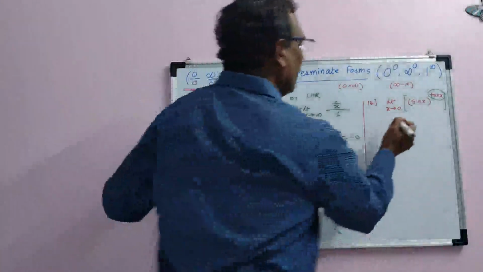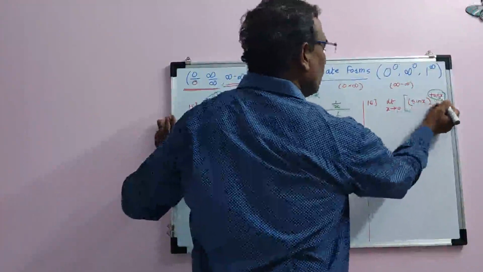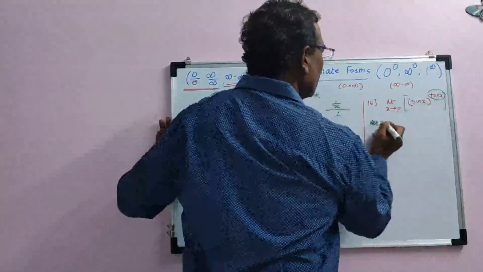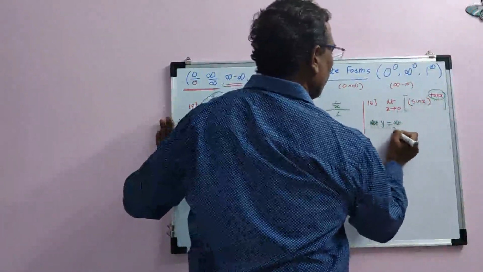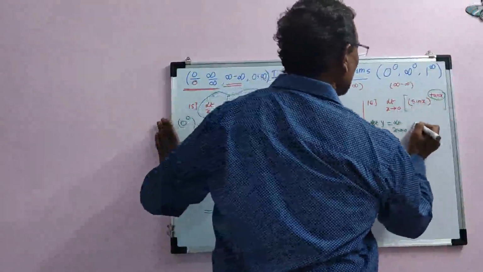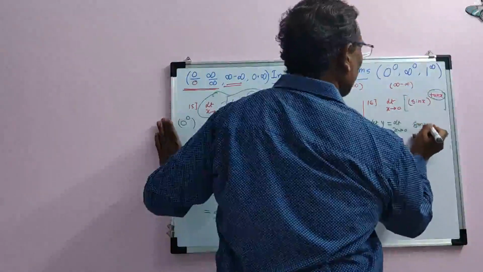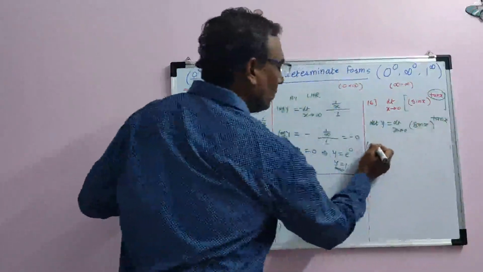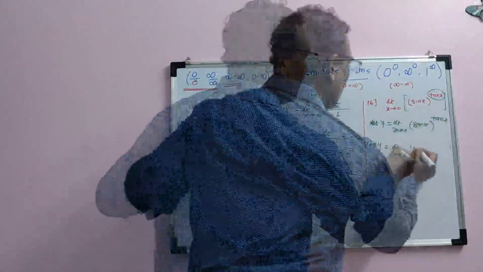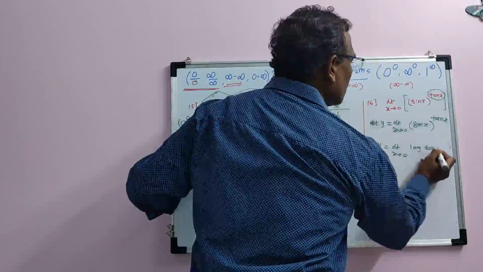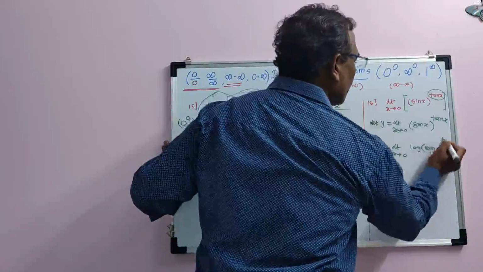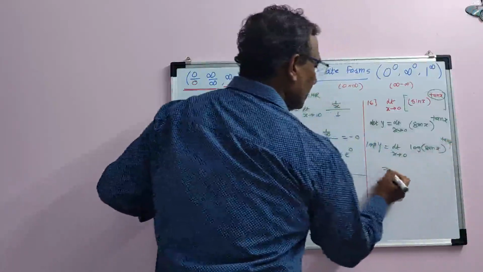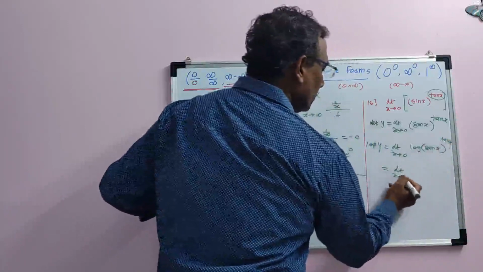The same problem. Again, 0 raised to 0 form. Let y equal to this. Okay. Then taking log of both the sides. Log of sin x power tan x. Now limit x tends to 0.